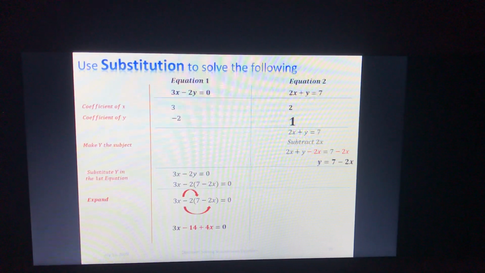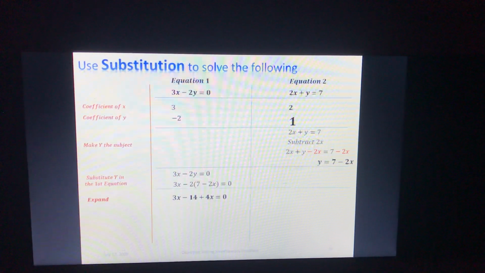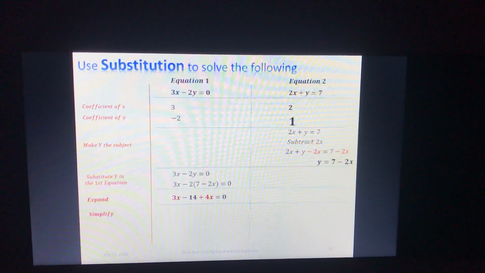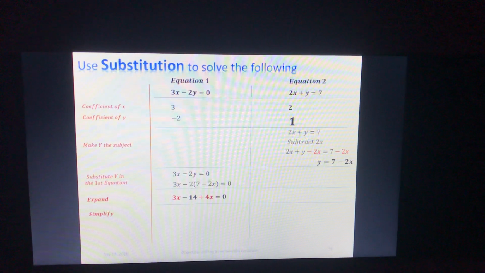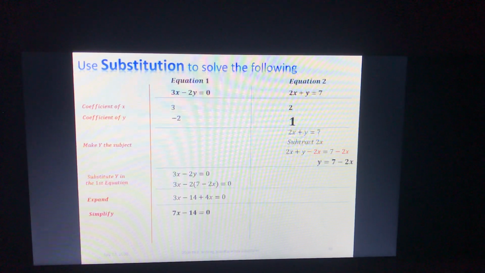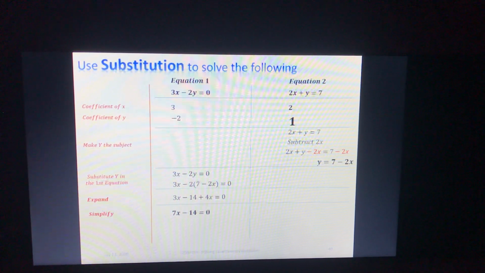Now you're going to simplify. 3x plus 4x is 7x. 7x minus 14 is equal to 0.